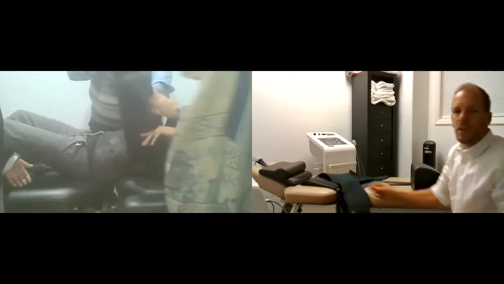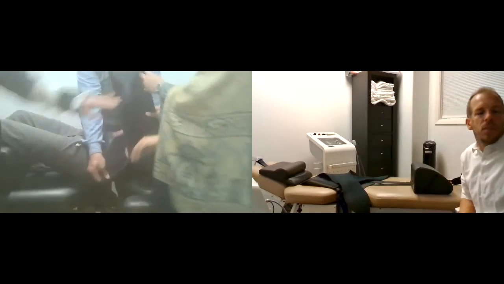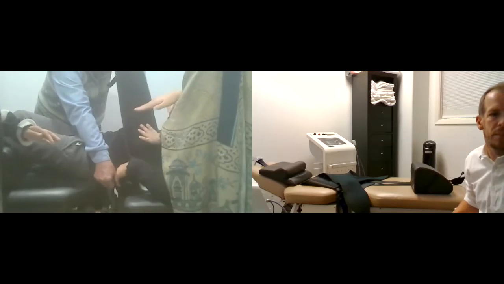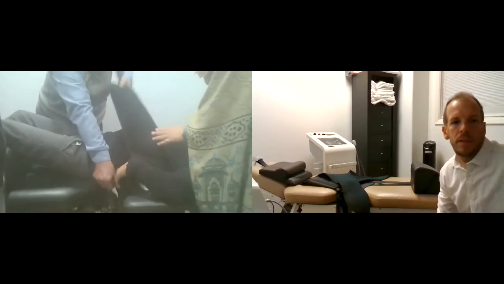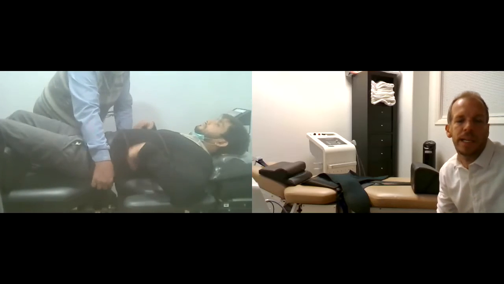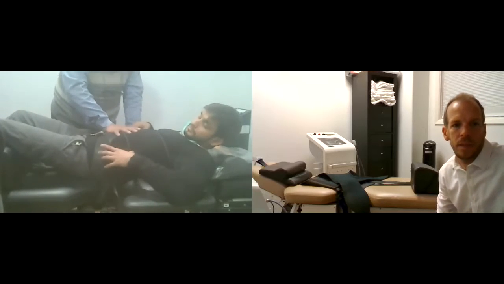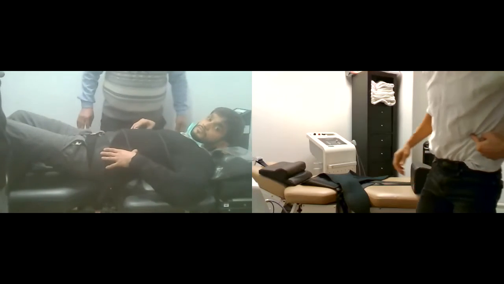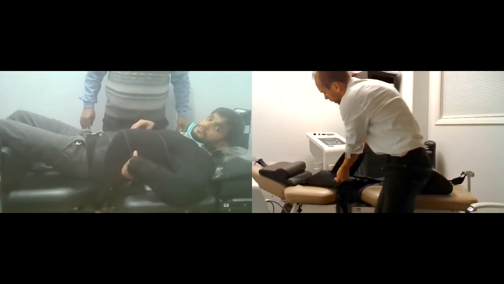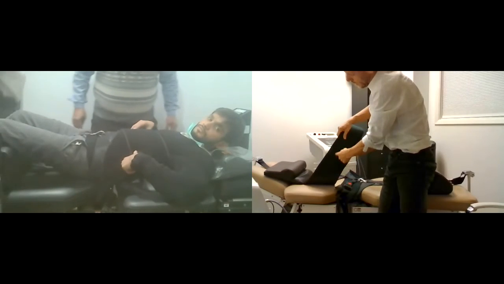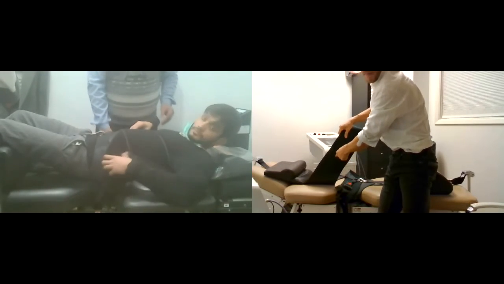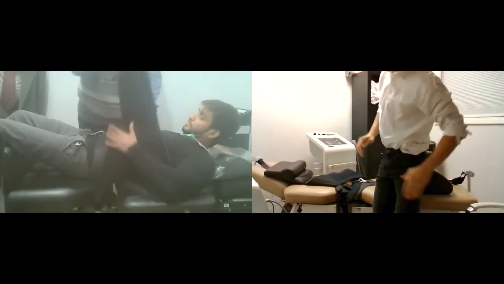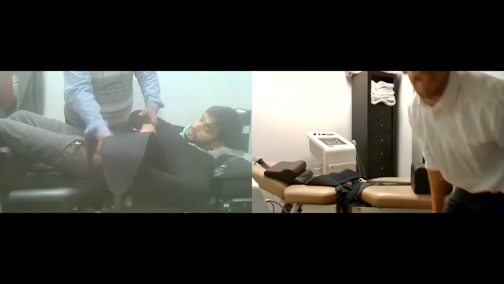Now, what you're looking for is for the strap to come across the patient's lowest rib. That one needs to be pretty tight. Yeah, so you want the lowest rib to be right in the center of this, okay? So it kind of comes around that lowest rib to prevent the patient from sliding down.